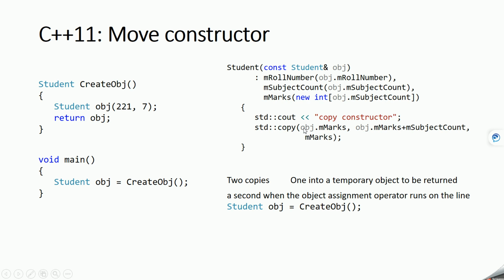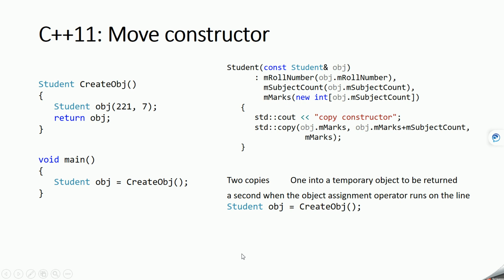So we already have an object, and to create a new object from the already existing temporary object, which will get deleted at a later point in time, we create another object and assign the data of that temporary object to this newly created object. So here extra memory is getting created for marks, and then it is getting copied.